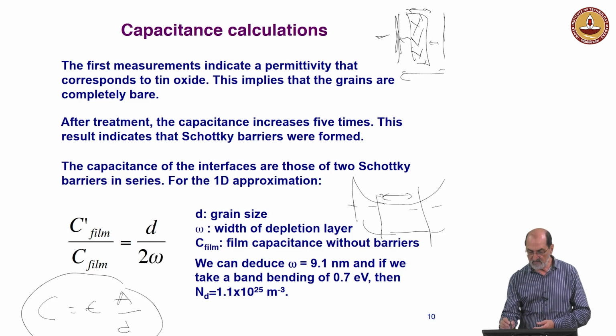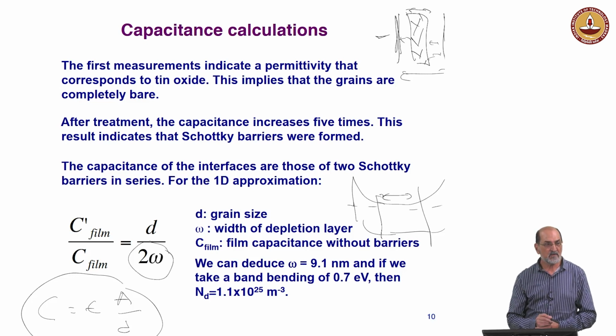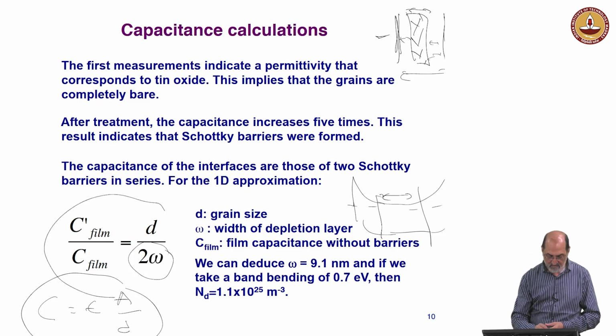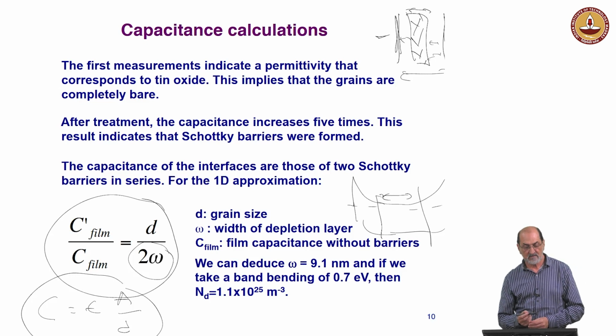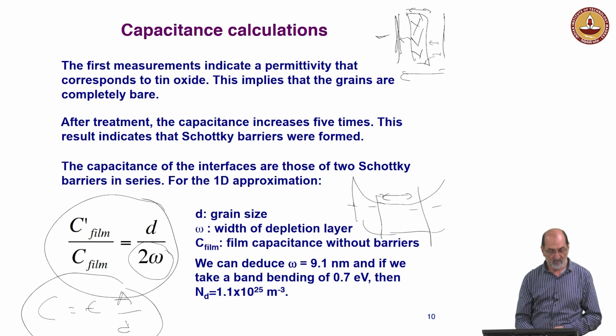Eventually, since this is depleted of carriers, which is behaving as a dielectric, the net width becomes 2W, where W is the width of one of those depletion layers. Do you understand? Is this understood now? So the ratio between the capacitances is directly related. We make the numbers, we replace, the permittivity of the system is the same, the area is the same, so they go away, and all that remains is the ratio between the distances between the plates.